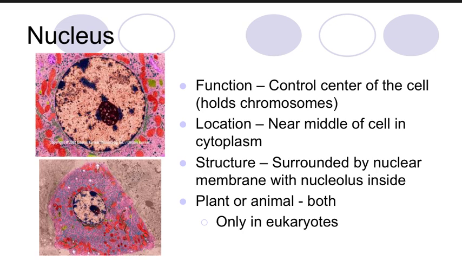So a phospholipid layer there. This is only going to be found in eukaryotes. So plant cells, animal cells, protists, amoebas, things like that. It's only in eukaryotes, because we talked about in the last section how eukaryotes have membrane-bound organelles, prokaryotes do not. So this is only going to be inside of eukaryotes.